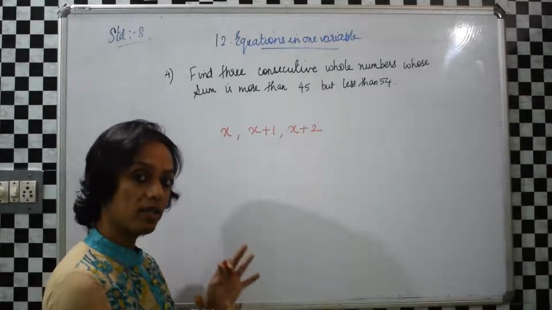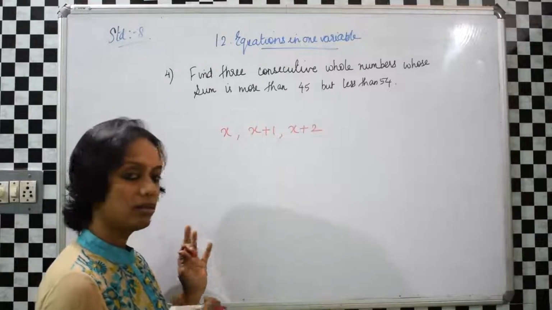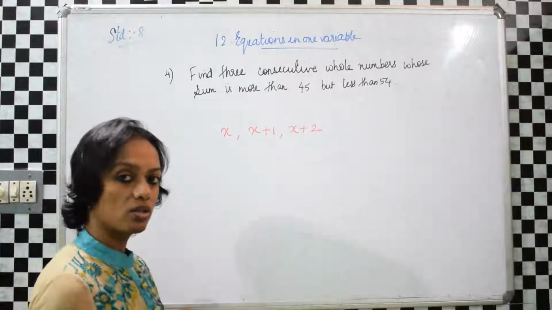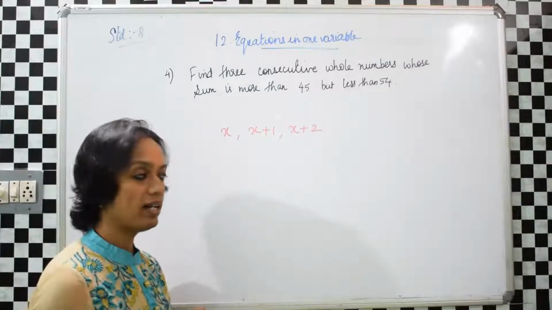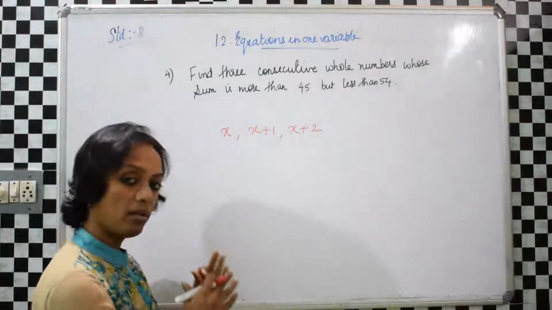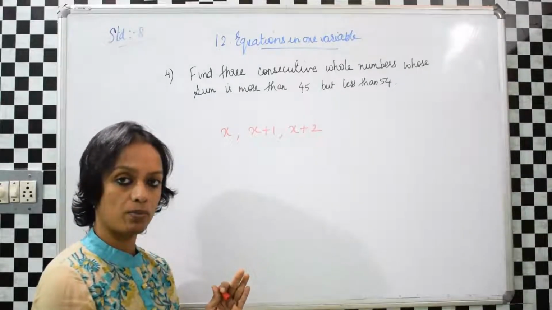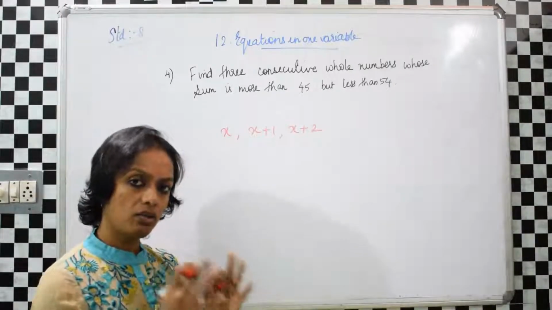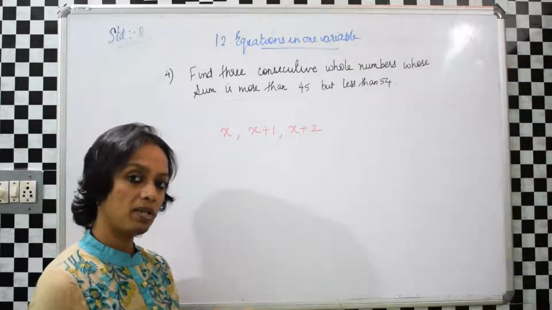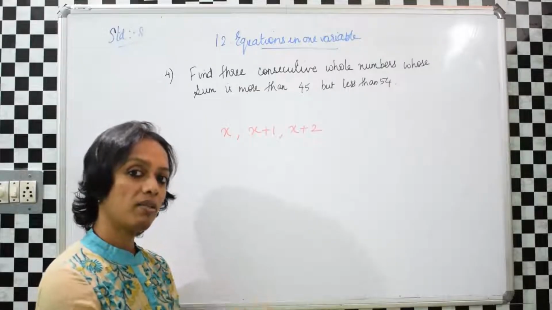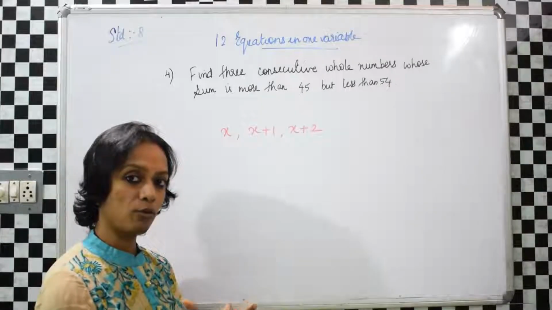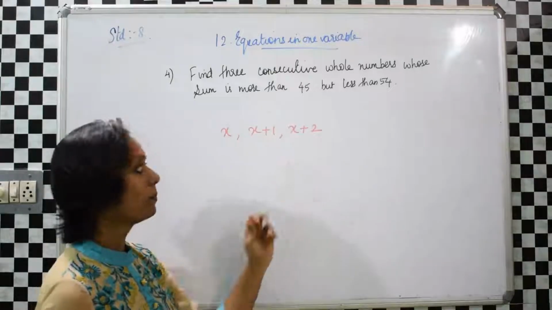You can take x, x minus 1, x minus 2 also, but it involves negative numbers. That will make it more complicated, so we will make it simple. Like for example, if you have 3, the next number will be 3 plus 1, the other number will be 3 plus 2. 3, 4, 5. So likewise I have written here.